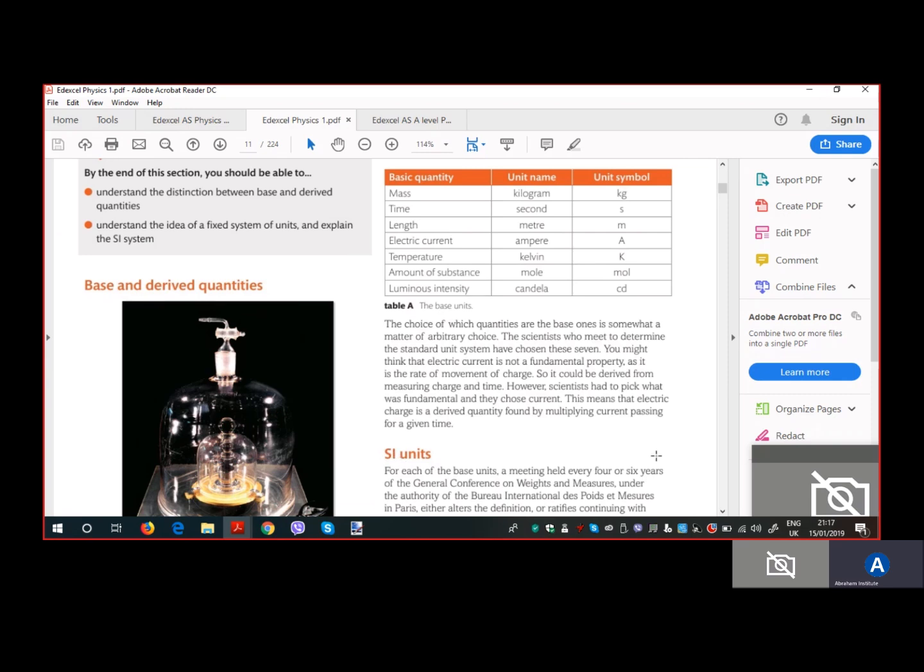What were the subjects that you did for O levels? Physics, chemistry, maths, English literature, biology, English, and computer science. 7 subjects. What were your results?